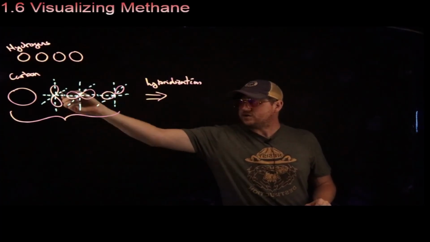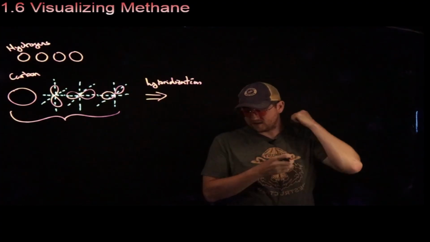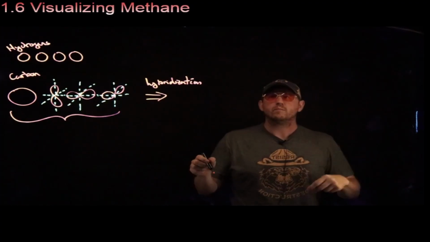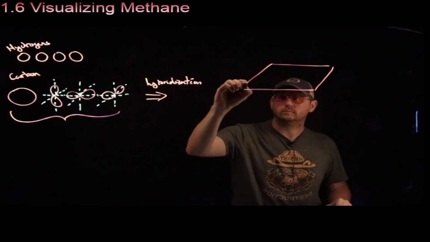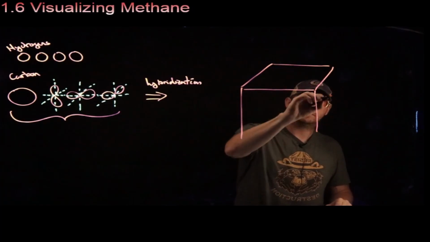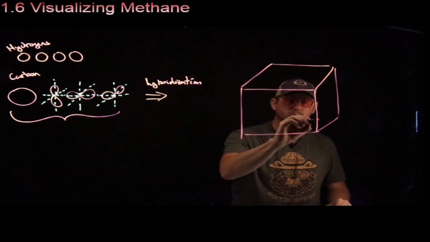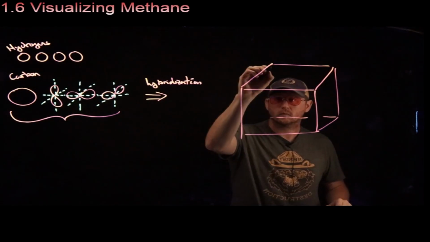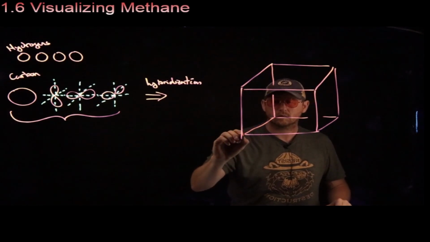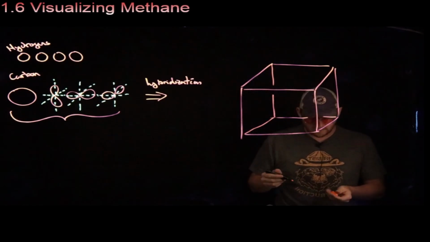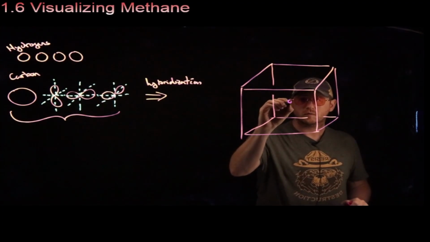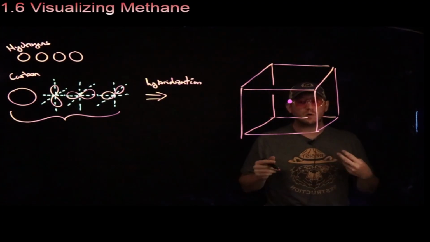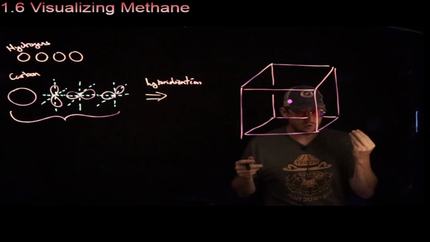We're going to imagine that we take all 4 of these atoms and we're going to build a box. And inside this box, right in the very center of this box, we're going to put our carbon nucleus.